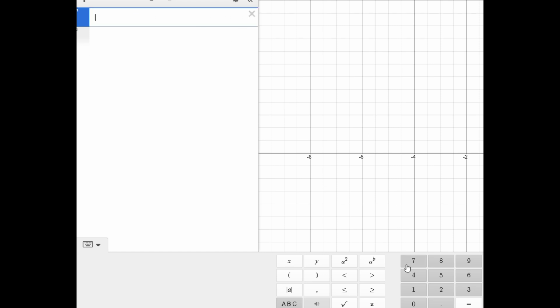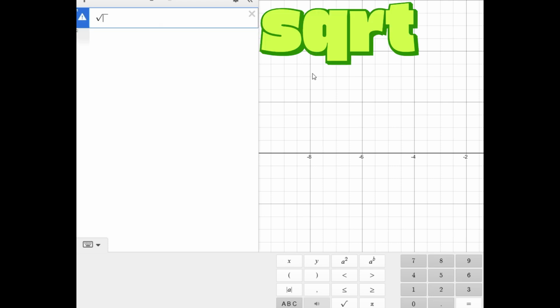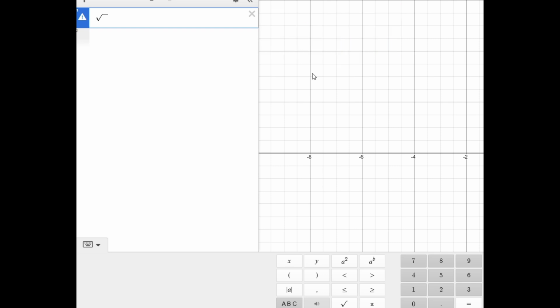Now, what if you need to write a root or a square root? Let's start with square root. If you're using a keyboard, you can write SQRT and a square root will appear. But what if you need a fourth root, not just the square root? In that case, you have two options.